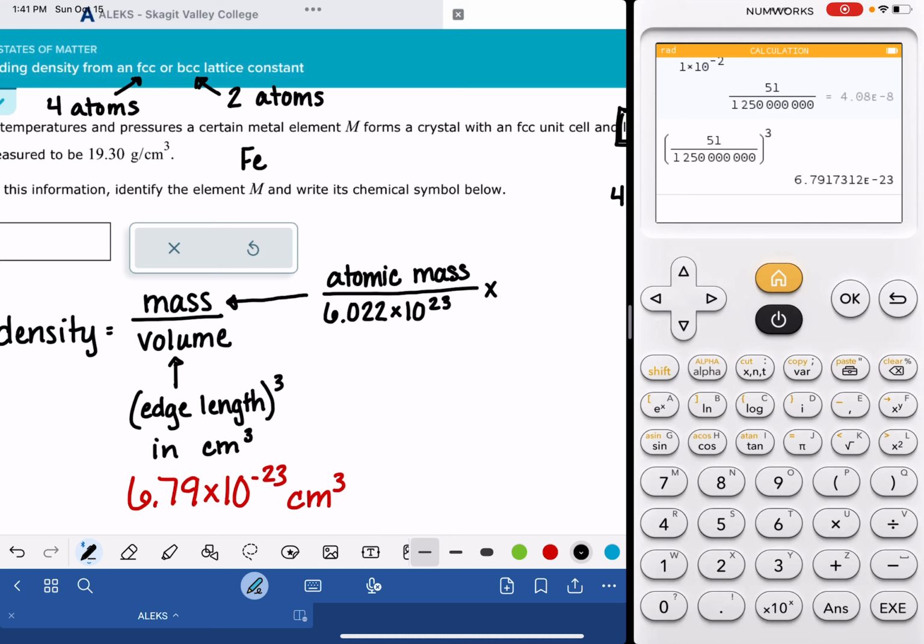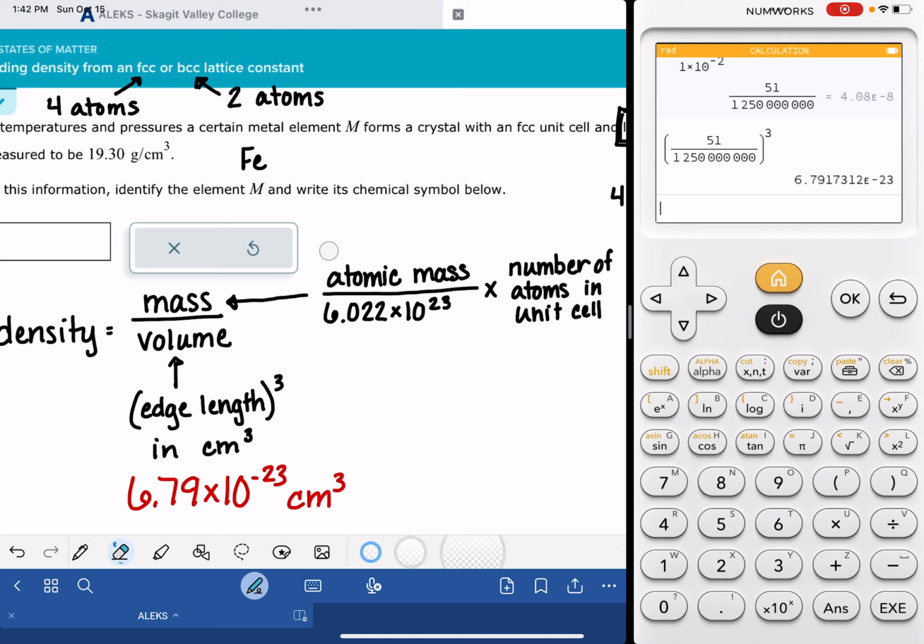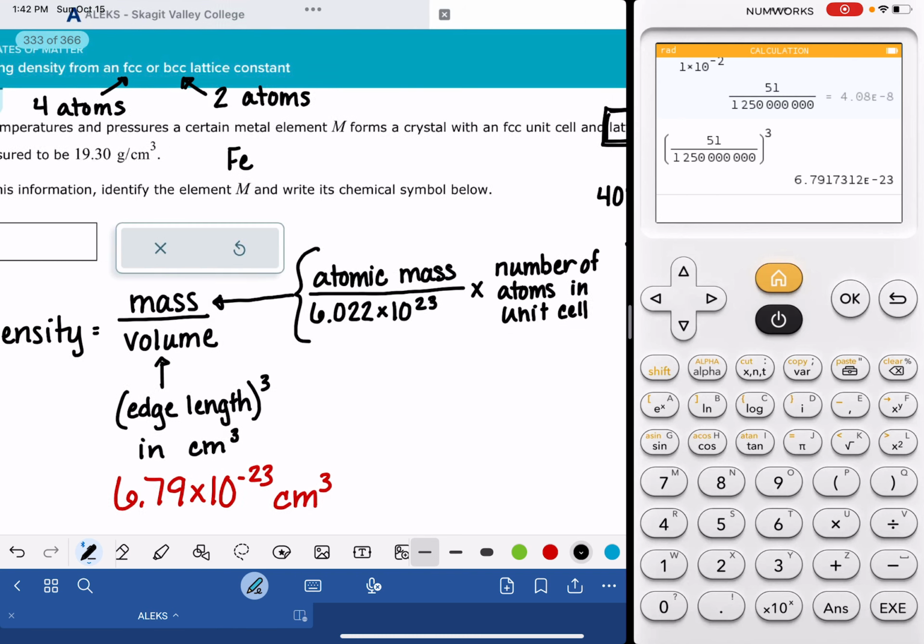And then you're going to multiply that by either 2 or 4 based on how many atoms you actually have in your unit cell. So the atomic mass divided by Avogadro's number multiplied by the number of atoms in your unit cell. And that is how you are going to calculate the mass of your unit cell.